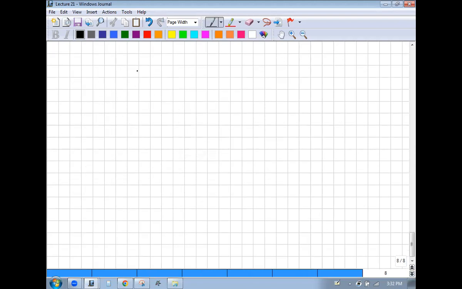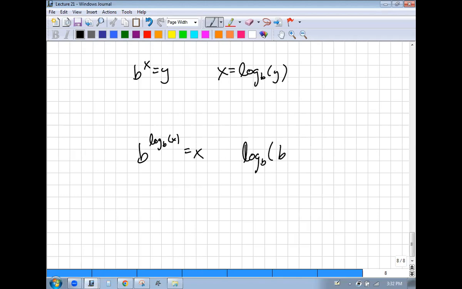So remember I said, if a to the x equals y, I keep using a, I like a, we'll use b. This is the same thing as saying x equals log base b of y. So logarithmic functions are the inverses of exponential functions, right? That's why b to the log base b of x is x, or log base b of b to the x is x.